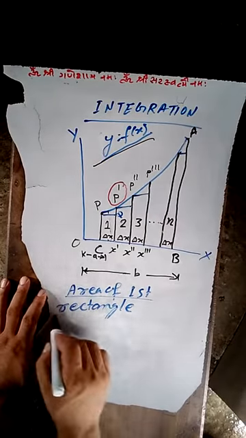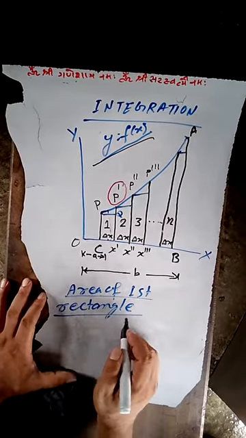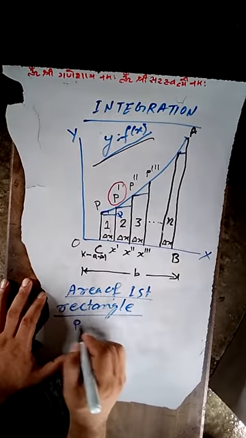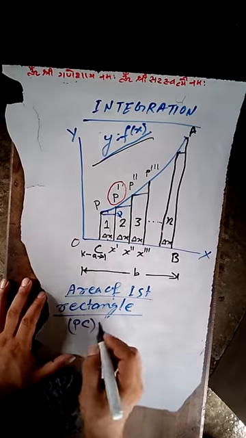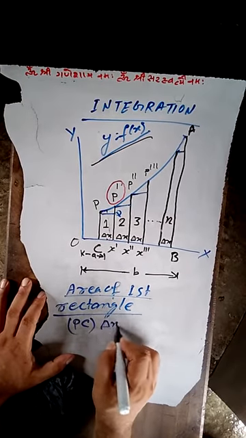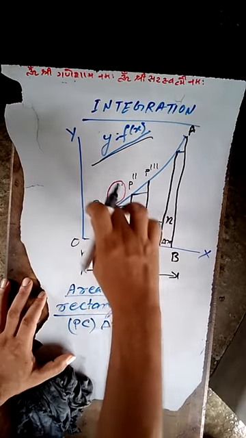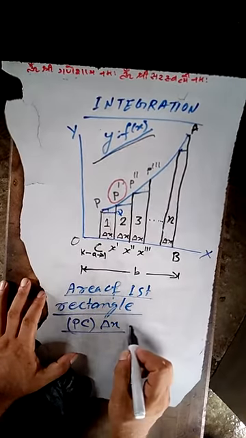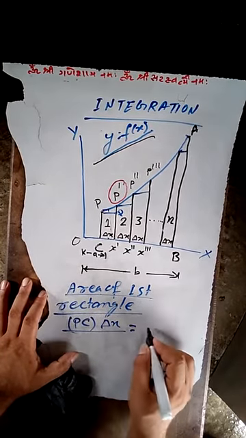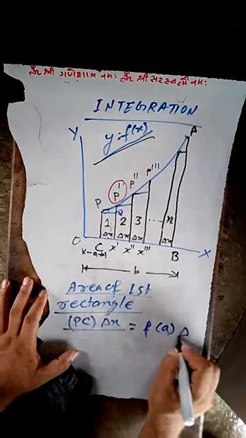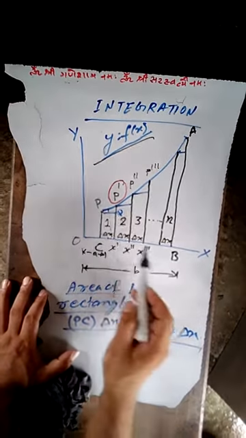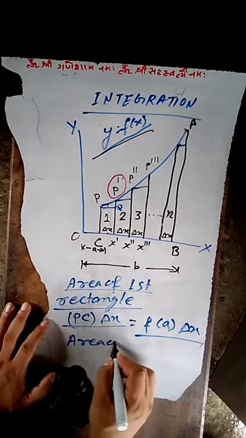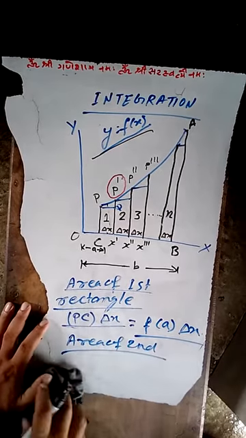So the area of the first rectangle will be what? Your value pc into delta x, because this is your width and this is your height, length and breadth. So pc into delta x, and what is pc? You have got fa, so fa into delta x is the area of the first rectangle. Again, the area of the second rectangle will be what?